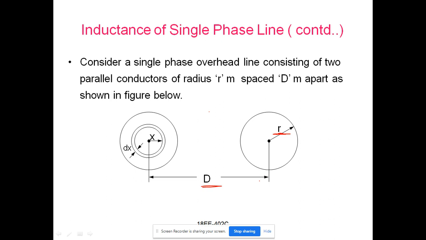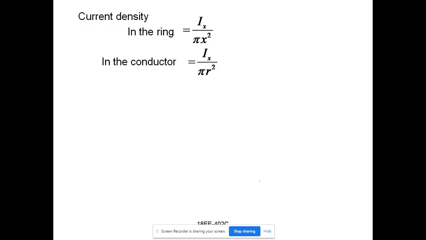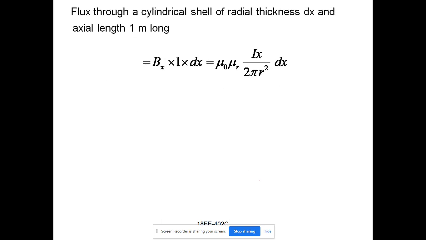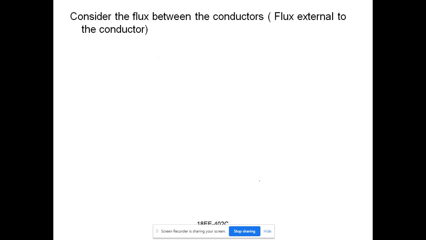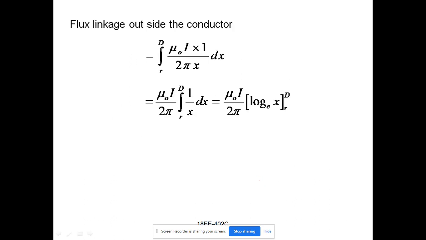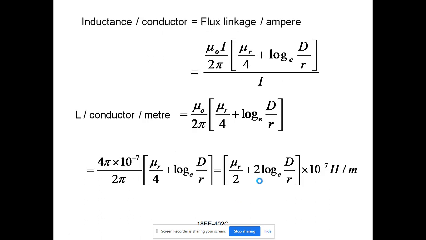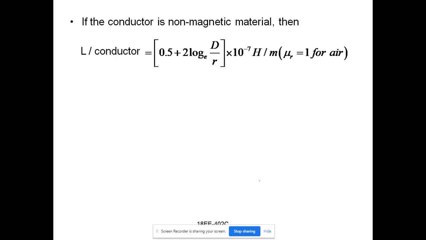In this topic we don't have any derivation, so we go directly to the formula that we arrive at in the end. On solving this, we get this formula.